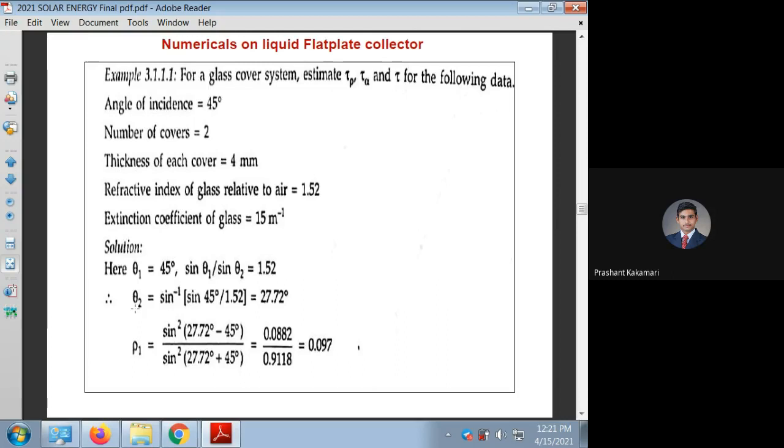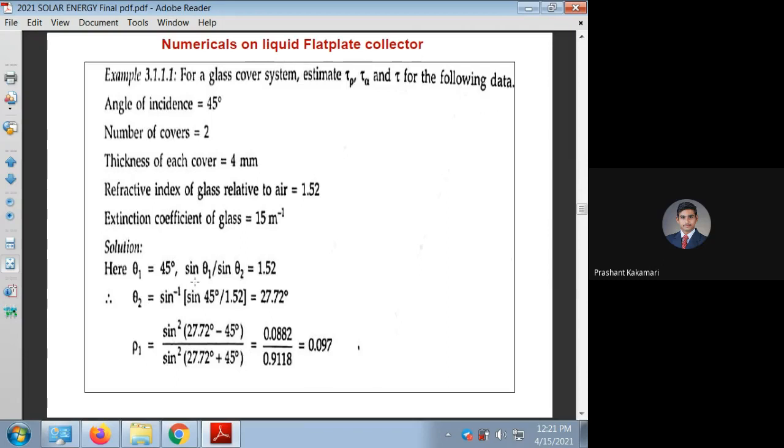Now, the first thing is we must know the reflectivity, because we want to find the transmissivity due to reflection, or the reflectivity index rho. To find that rho value, one should know theta 1 and theta 2. Theta 1 is already given as 45 degrees. Theta 2 we can find out using Snell's law.